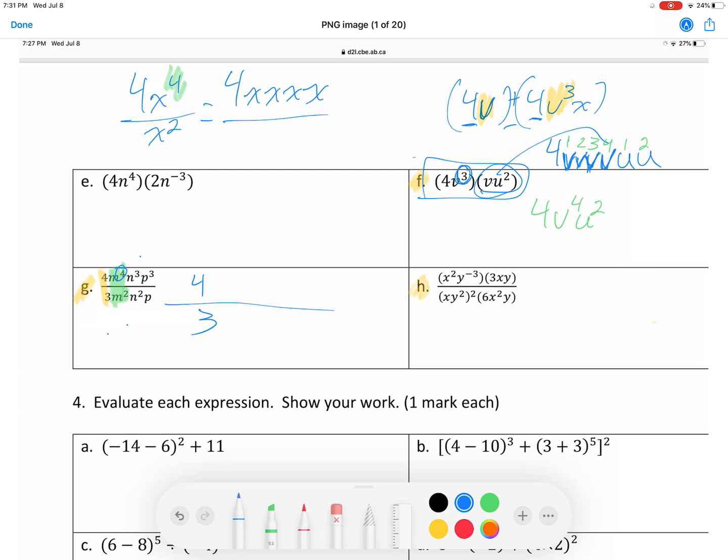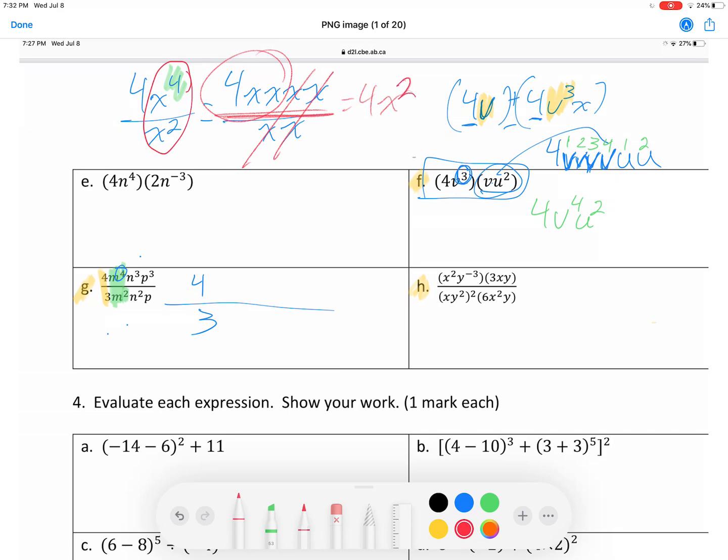How many do I have on the bottom? I have 2 x's. Now, from algebra, hopefully you did some algebra this last year, what we know is that if I have a number on the top and the same number on the bottom of my fraction, they cancel out. So here I'm left with x squared. Now, when we look at this a little more carefully, if I know that this is my variable combination, how can I get to 2 at the end?